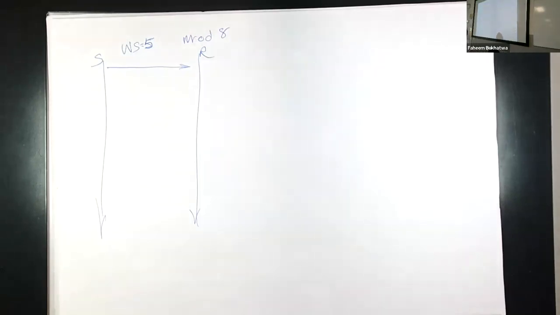And what's the modulo? What's modulo 8 or modulo 128? It's a sequence of numbers that are recycled. It's a group of numbers that we use for the packet numbers or datagram numbers or frame numbers.